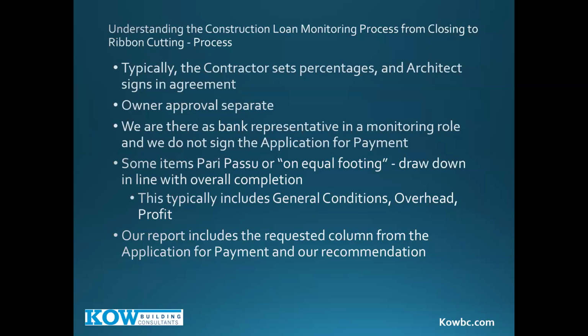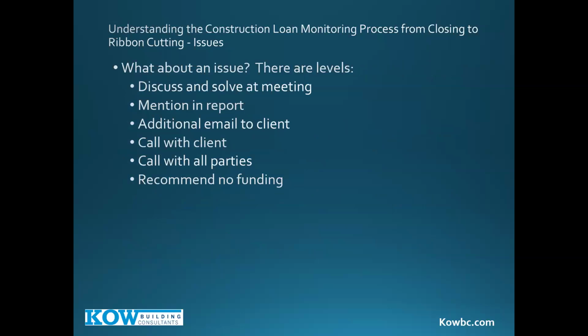So general conditions, profit, overhead. For example, if you're 18% done, you get 18% of your profit. 22%, you get 22%. It's not perfect, but it's certainly a fair way to keep the money flowing commensurate to the overall completion. And then our report includes the requested amounts and our recommendation.